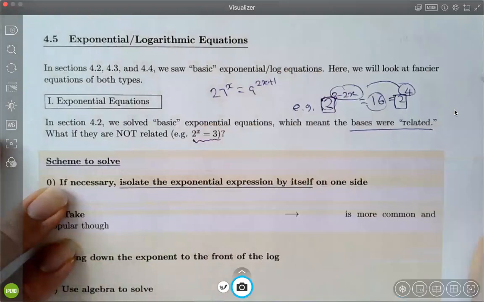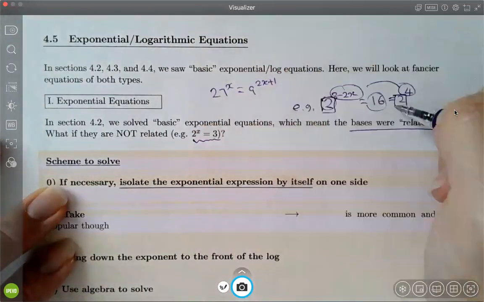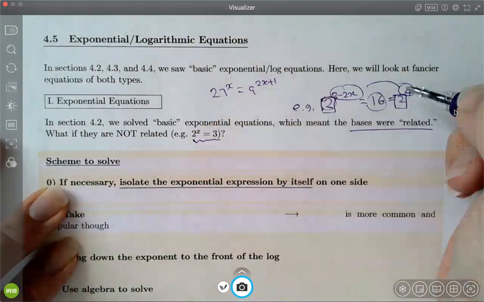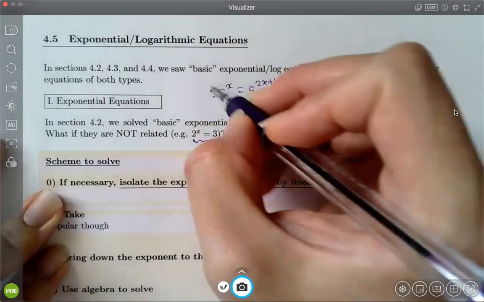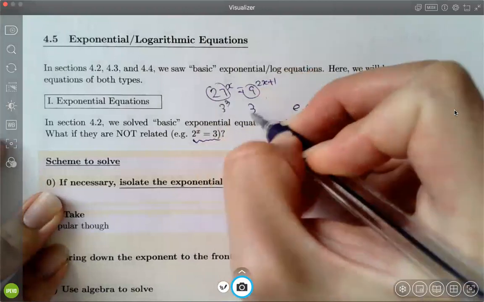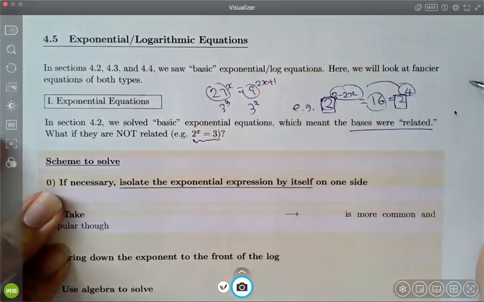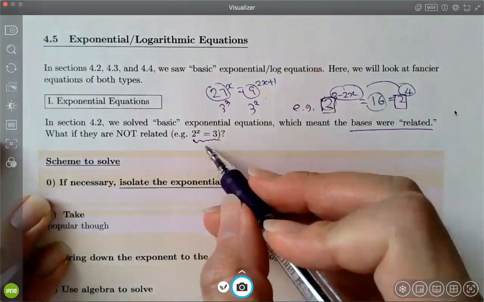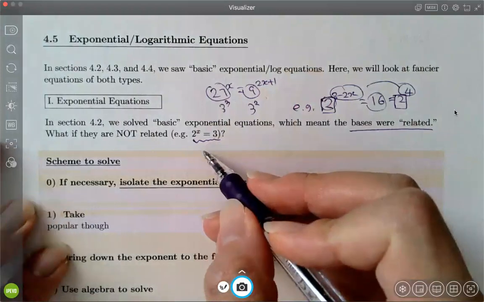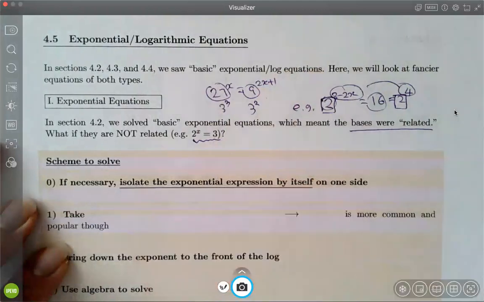We saw this kind of equation as well. 27 is not 9 to some power, but both of these numbers come from the same number, which is 3. So we wrote 3 cubed and 3 squared for 27 and 9 respectively. But we cannot have such a thing here either. So what do we do? Well, that's why we need this separate scheme.